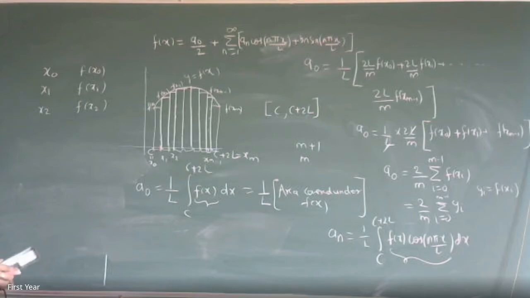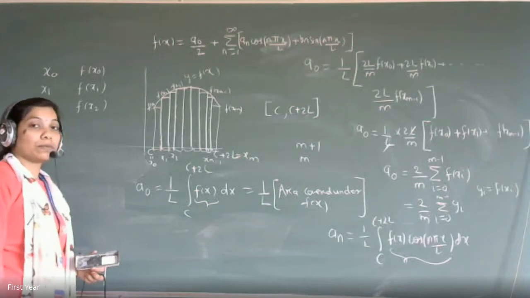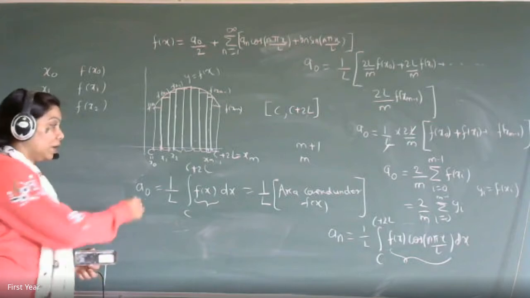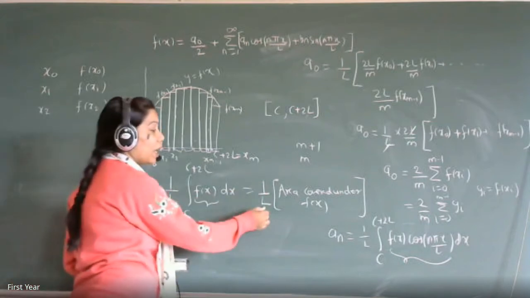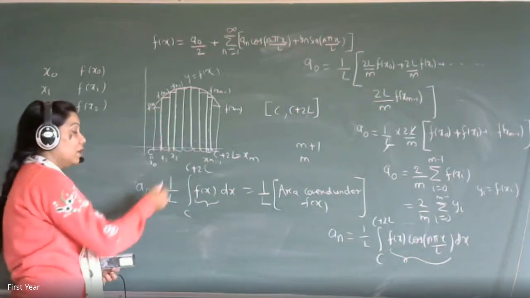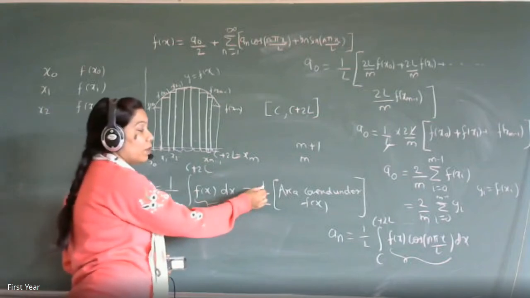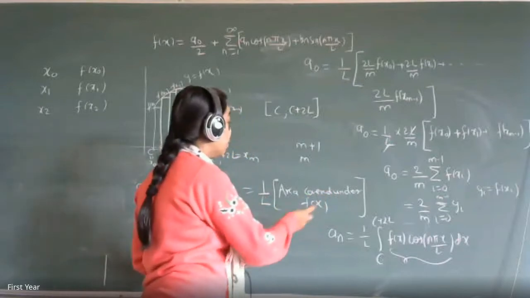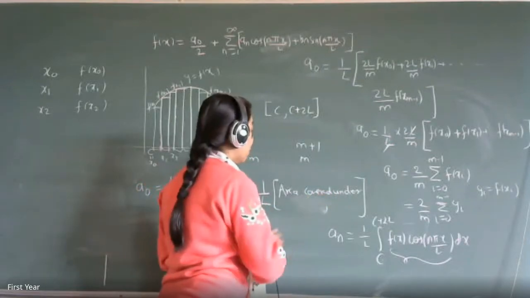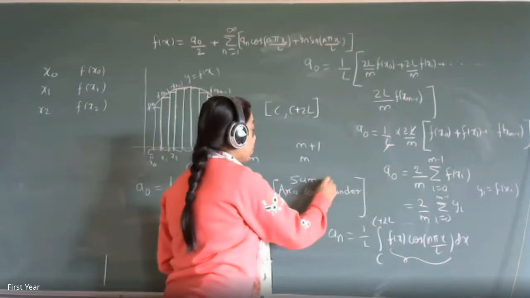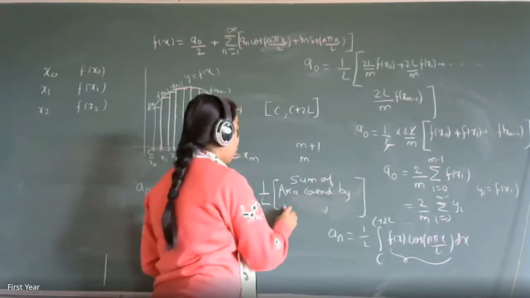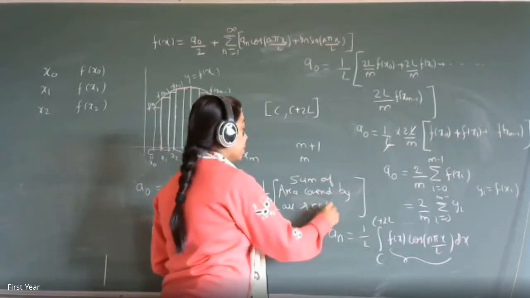From the above figure, a naught is equal to 1 by l times the area covered by all the rectangles.